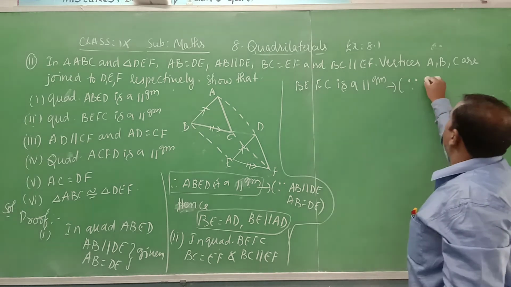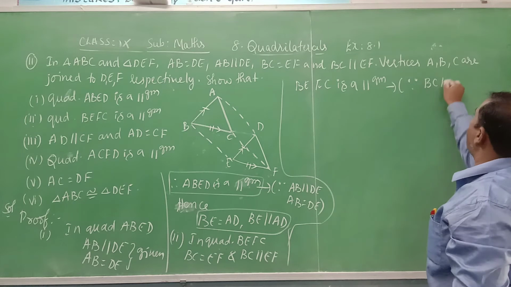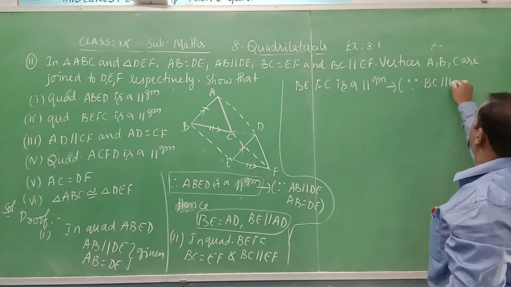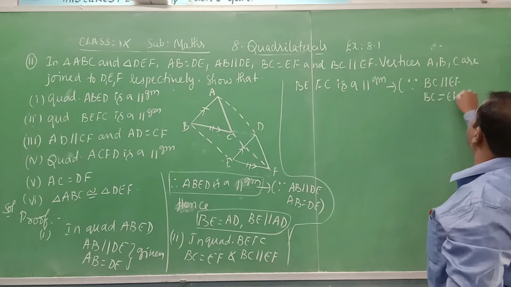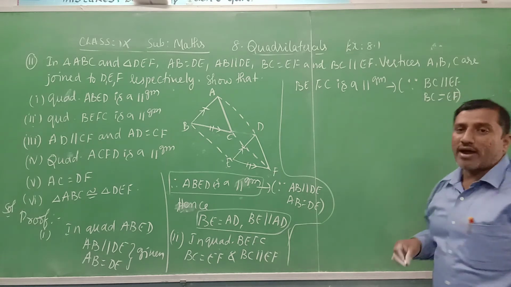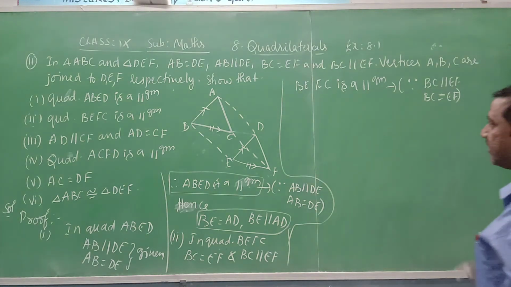Since BC is parallel to EF and BC is equal to EF, that is one pair of opposite sides are parallel and equal. Therefore, it is a parallelogram.